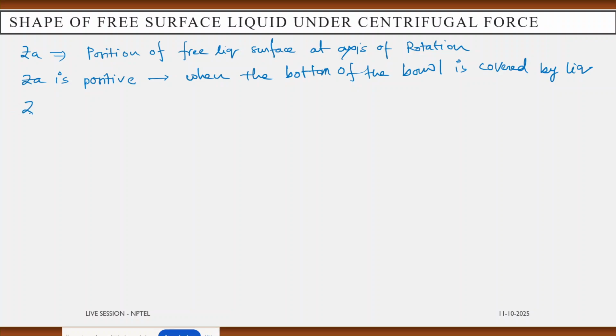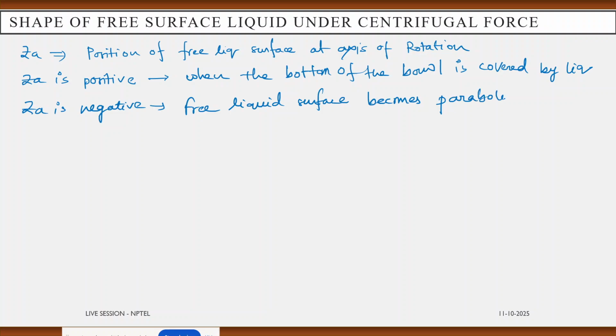But this ZA is negative when the free liquid surface becomes a paraboloid.